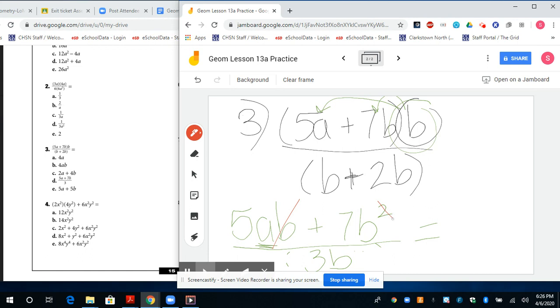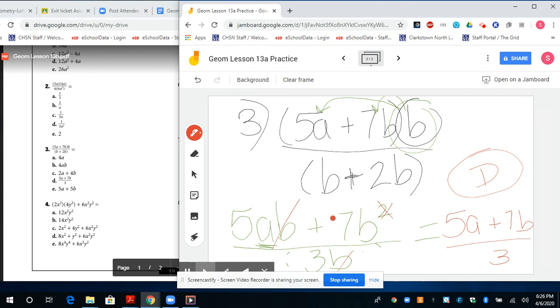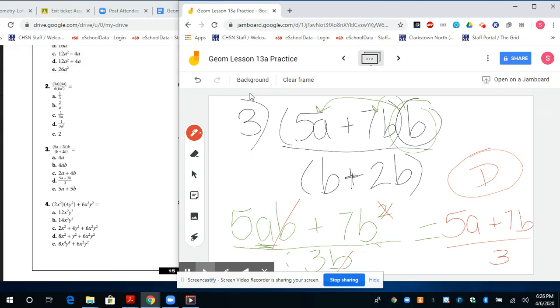I can get rid of this exponent and just be left with 1b, and I can get rid of this b. So I'm left with 5a plus 7b over 3. And that would be choice D. I cannot simplify this anymore. I can't combine any like terms. Again, I'm just simplifying the expression.